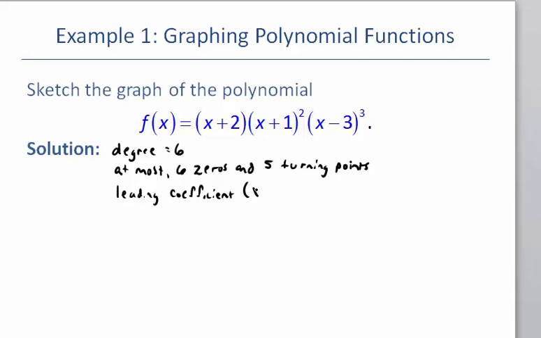So that beginning term is going to be x to the 6th, and then we're going to have a bunch of other stuff behind it. Our leading coefficient is positive and our degree is even. Then we talked in section 4.1 about the fact that the graph would go up on the left and the right. So that gives you some indication about your end behavior. That's going to be helpful.